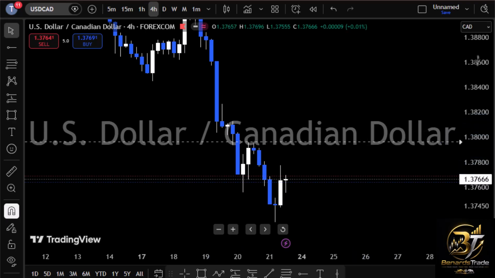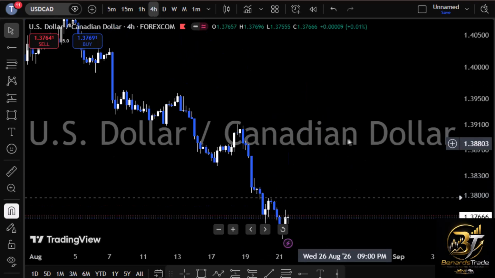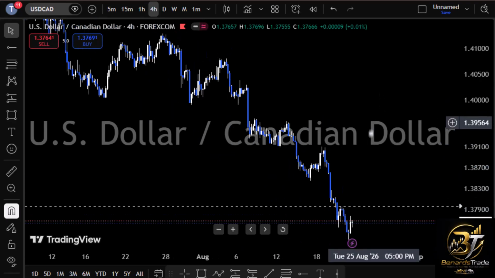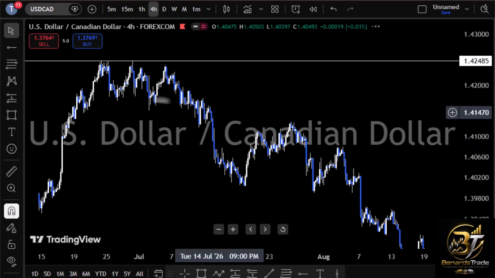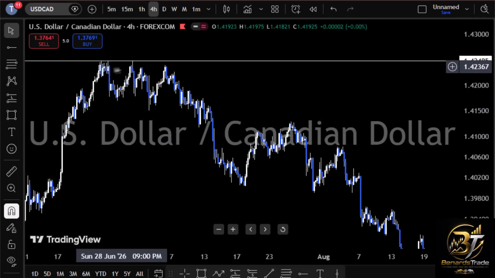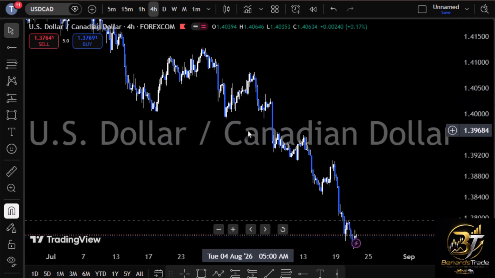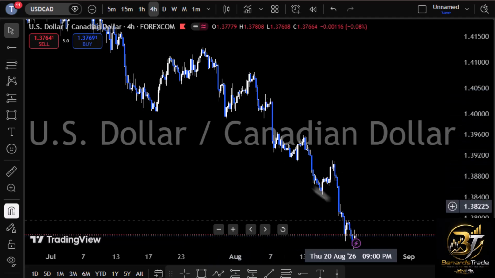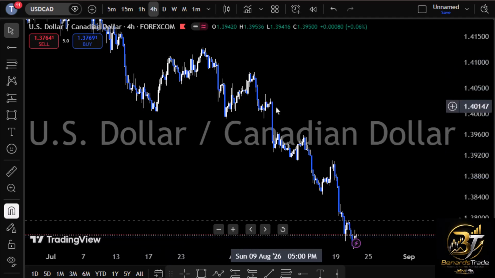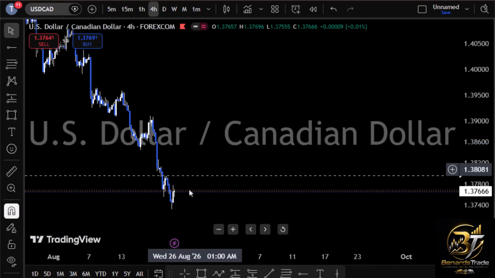Then I'll go in for the buys at the retracement into that price leg, and I'll be targeting all the way to these highs. We had very clean pullbacks, a very clean sell formation on this market, so I expect to see it give us the same thing for the buys.